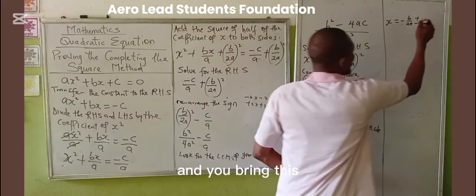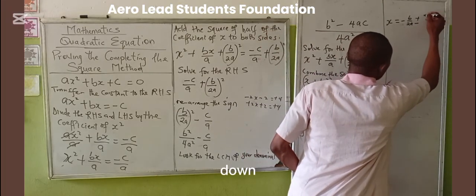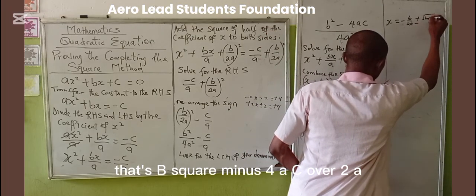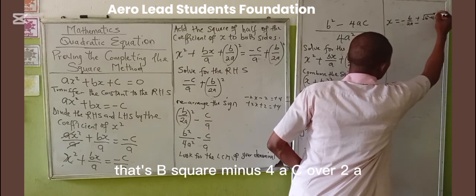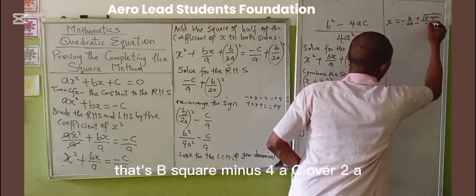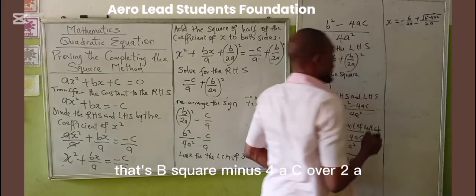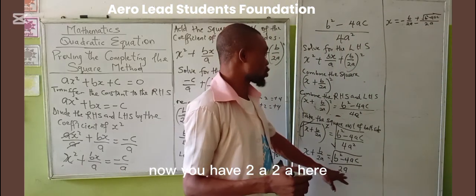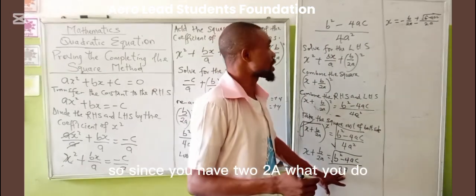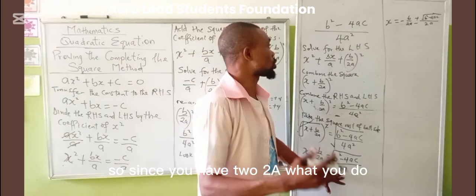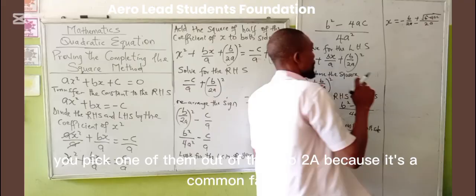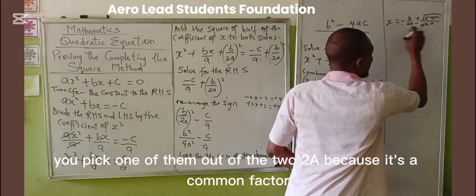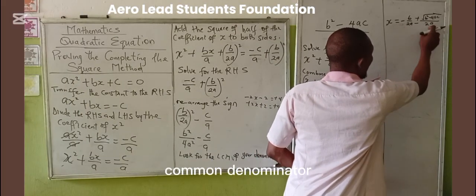Then you bring this down. That's b squared minus 4ac over 2a. Now you have 2a here. So since you have 2a, you pick one of them out because it's a common factor, common denominator.